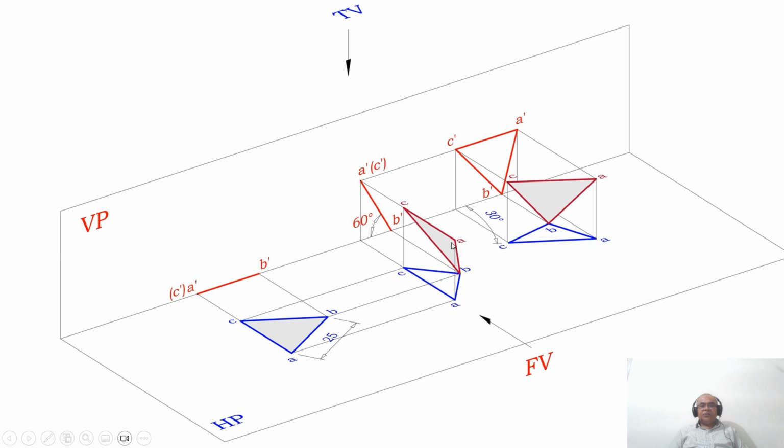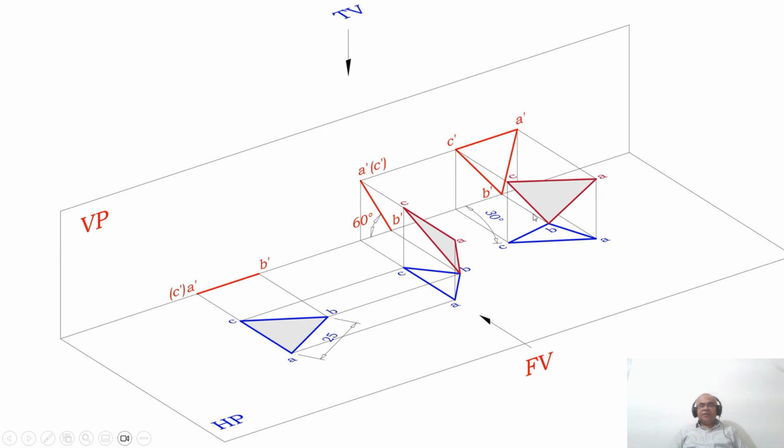Since this is parallel to HP, you are getting the true length in HP, and this is also still in true length, and the inclination given is the true inclination. Therefore, from the projections of lines on the true inclination line, we will get the true length. As AC still is in true length, and the inclination given is also a true inclination, you rewrite the same sketch by rotating at an angle of 30 degrees to VP. That is what we have done here.